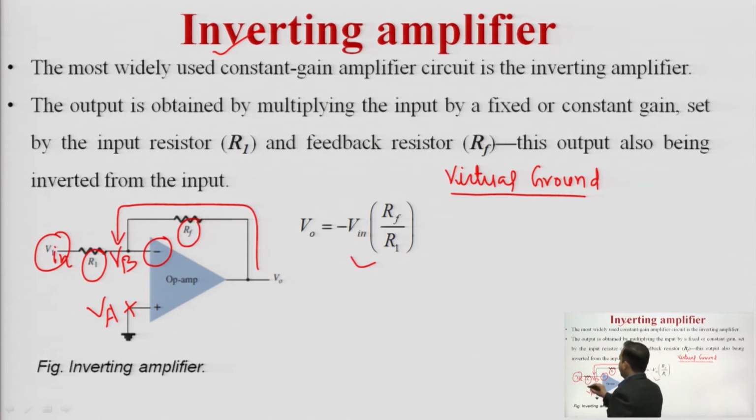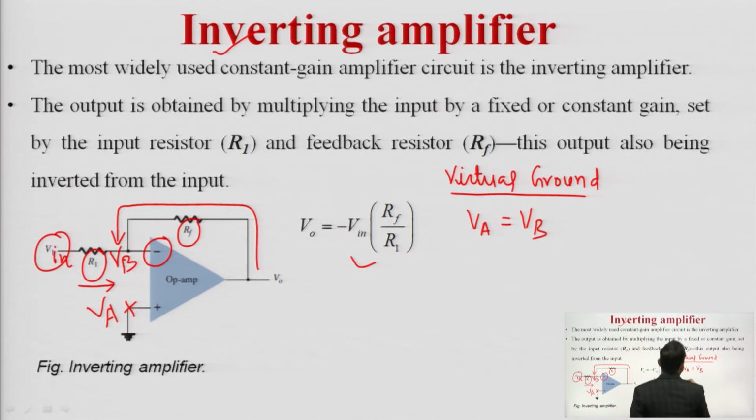So the current here will be I, and here I am writing VA equals VB because of virtual ground. If we utilize KCL at this particular point, then (VB minus Vin) divided by R1 equals (VB minus Vout) divided by RF.